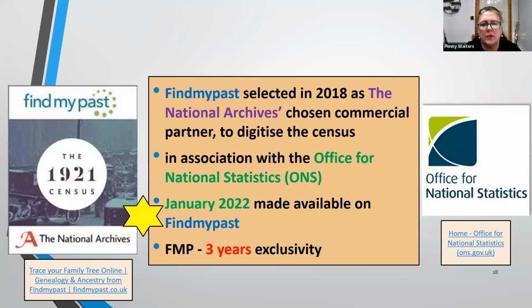Find My Past was selected in 2018 as the National Archives' chosen commercial partner to digitize the census. The National Archives is in a place called Kew, which is basically South London in England. They hold these documents, and Find My Past was allowed to digitize these paper documents, in association with the Office for National Statistics.